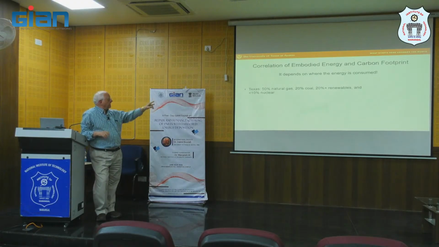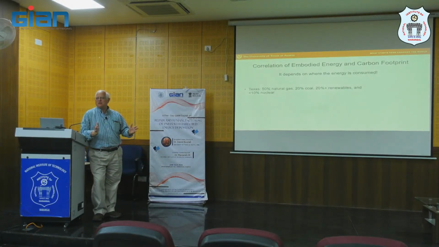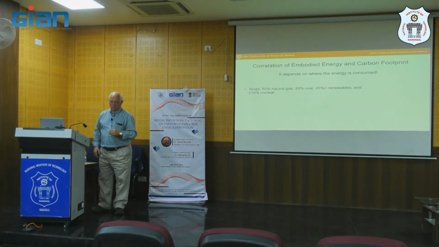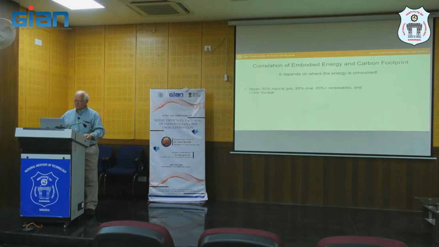So basically, it's the first two of these, which comprise 70% of our energy consumption in Texas, that are going to be generating a carbon footprint, because we're going to be burning fossil fuels to get the energy.